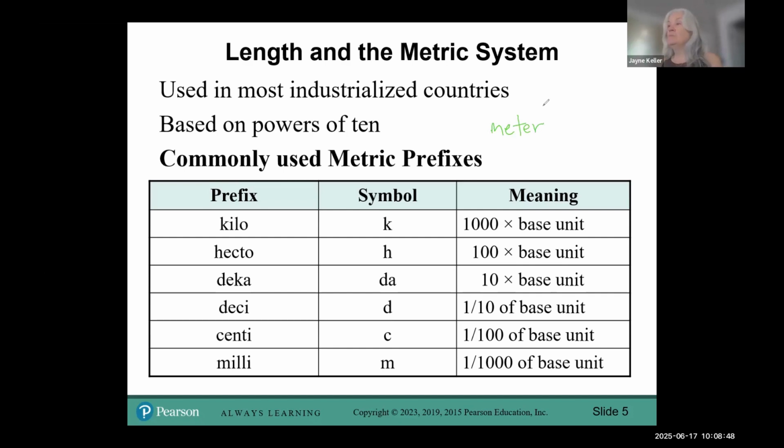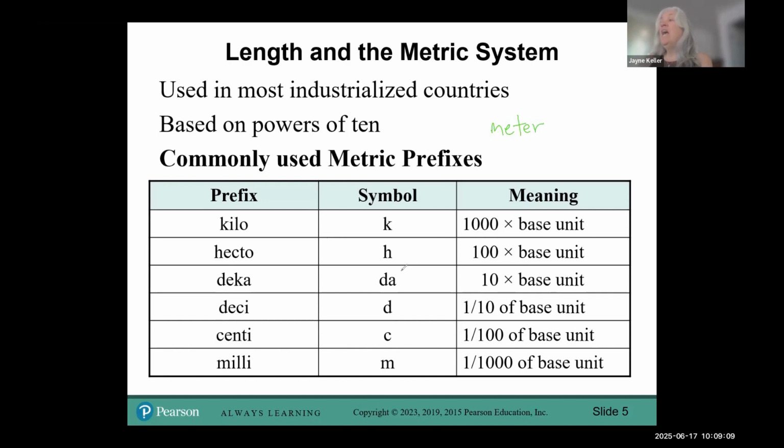Okay, so we have a meter, and then instead of having all these kind of weird, 3 feet is a yard and 12 inches is a foot, we actually have this standard base 10 system, which works really well. And we have all these different choices.